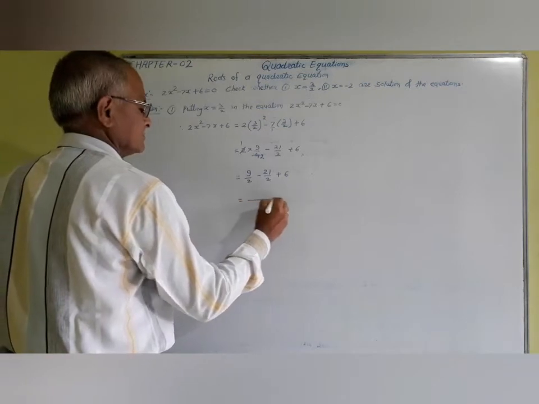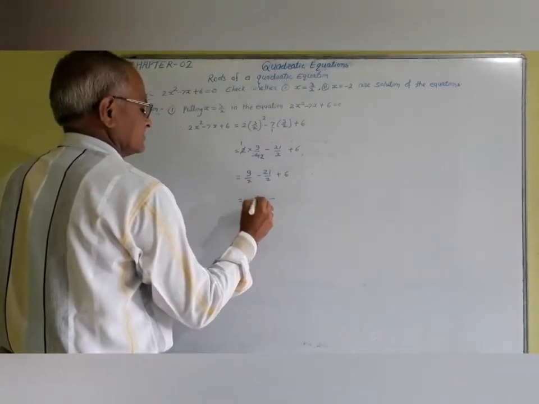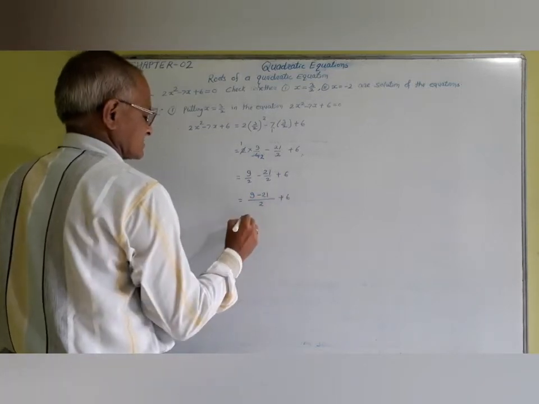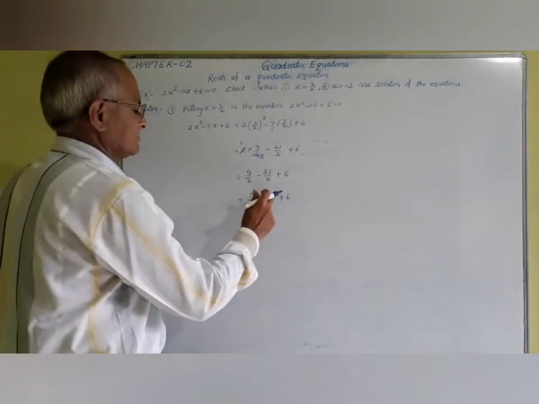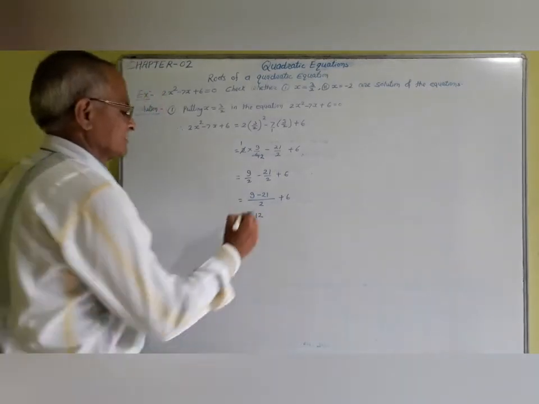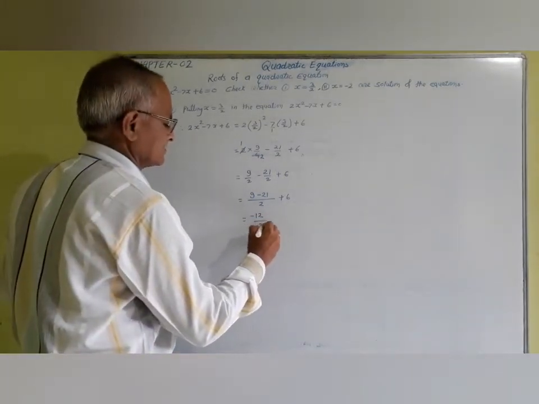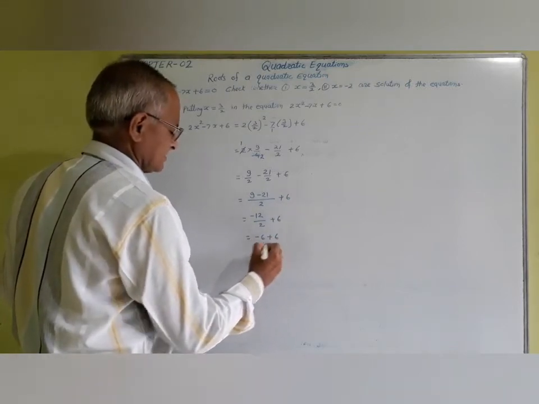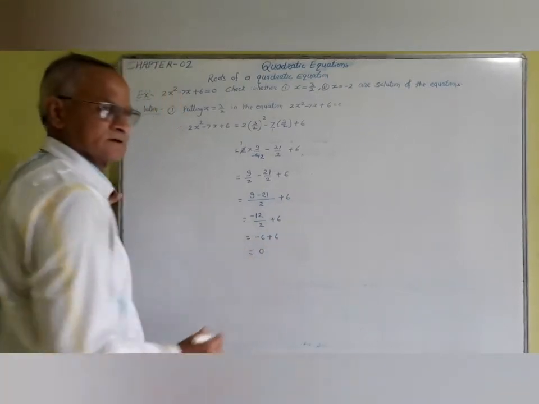Here the denominator is the same, 2, and in the numerator 9 minus 21 is minus 12. This is minus 12 upon 2 plus 6, that is equal to minus 6 plus 6 is equal to 0.